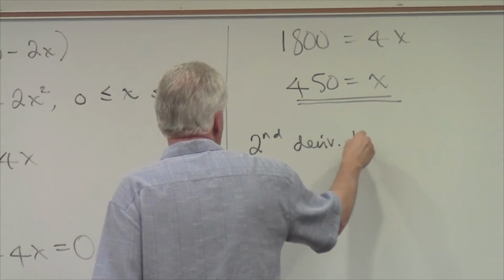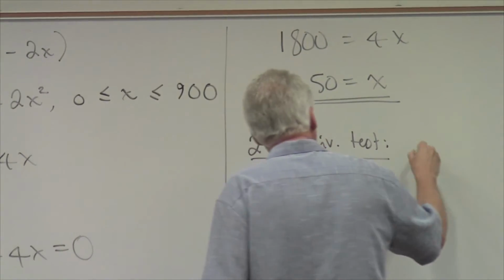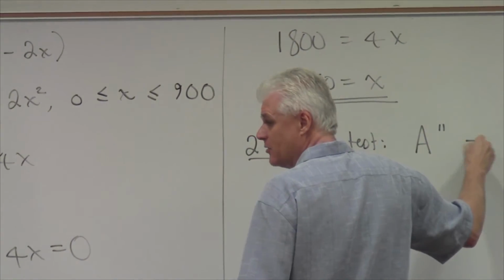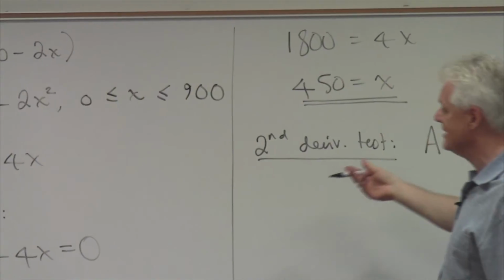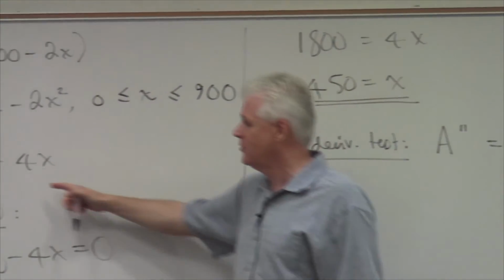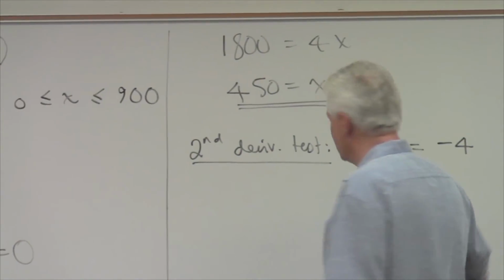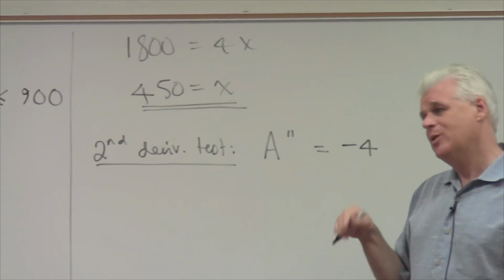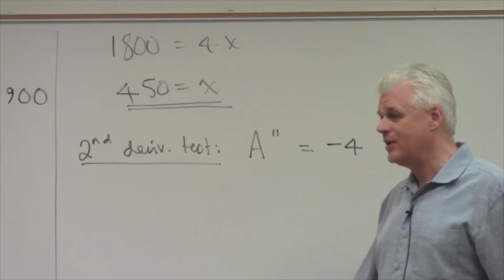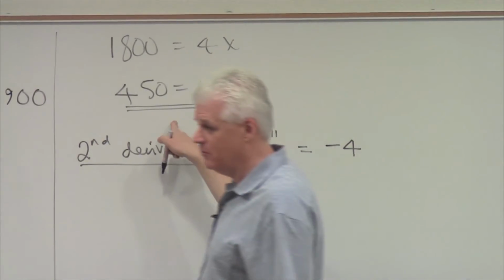The second derivative test. And to use it, we will need to know the second derivative, which in this case is trivially easy. What's the second derivative? -4. Now remember, the second derivative test says you plug into the second derivative your critical value, which is 450.